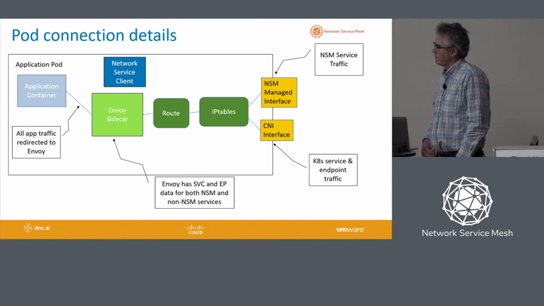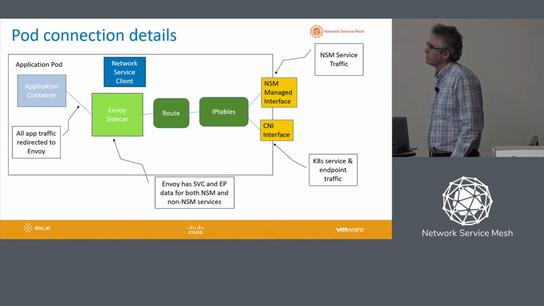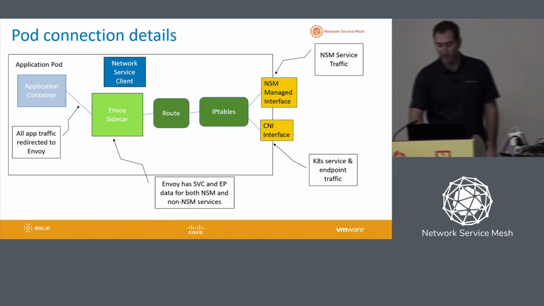But the key point, as John said, is that the route table is really the only thing that needs to be manipulated to use this NSM interface. After that, Envoy just needs the rules to map traffic to those route targets.